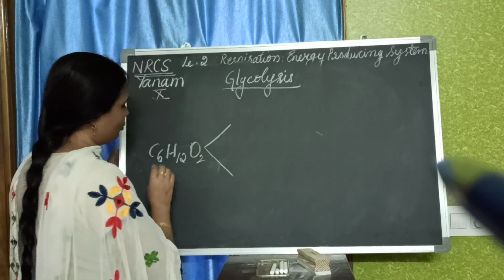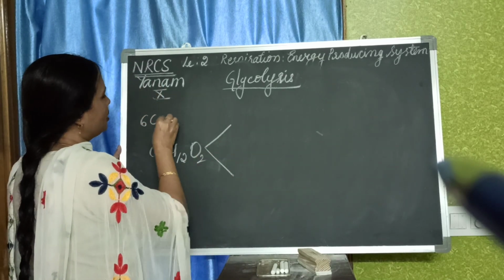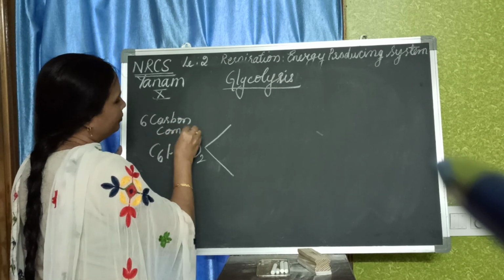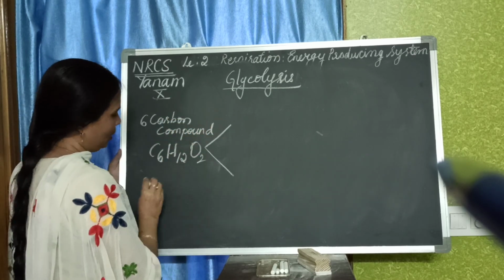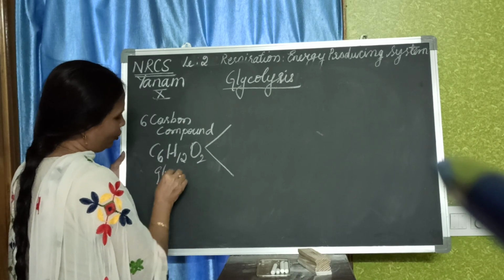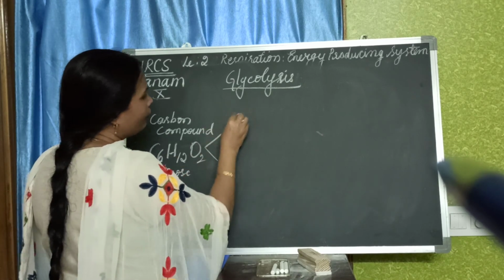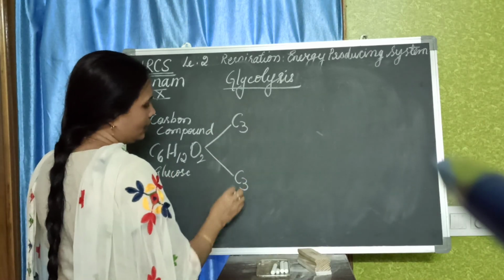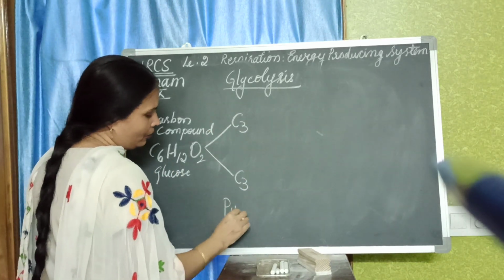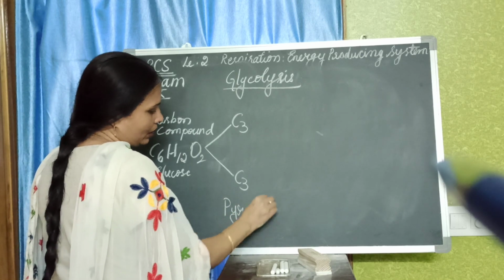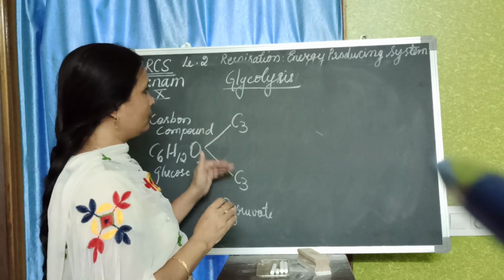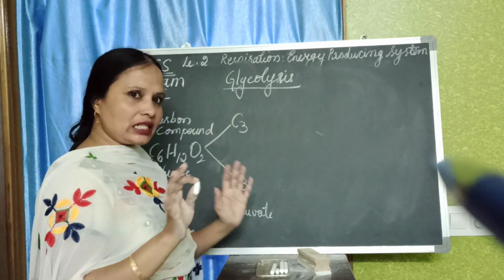This is a 6 carbon compound. This is glucose molecule actually. It will break down into 3 carbon compound. We call it pyruvic acid or pyruvate. Till here, both for aerobic and anaerobic the same.